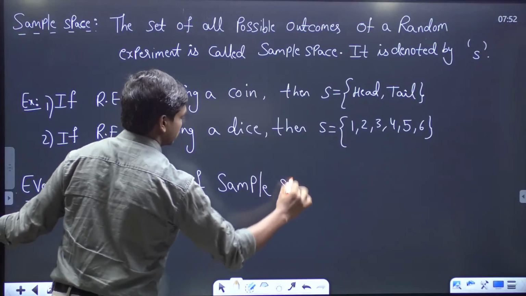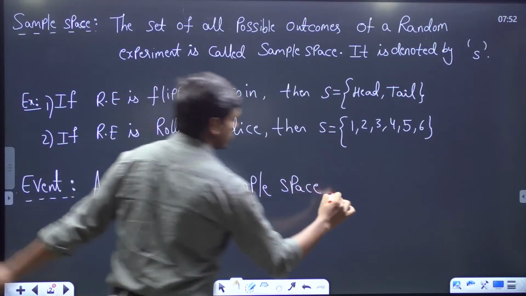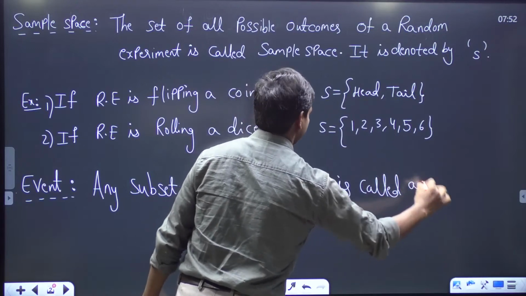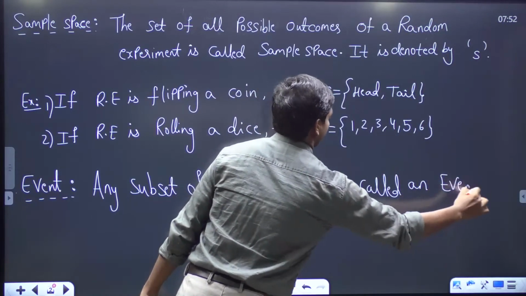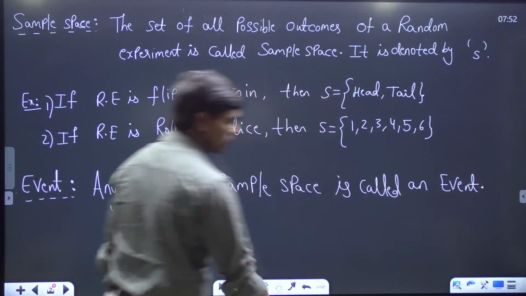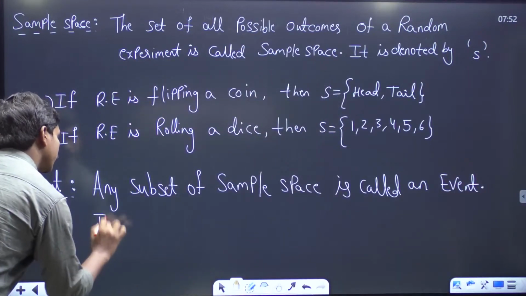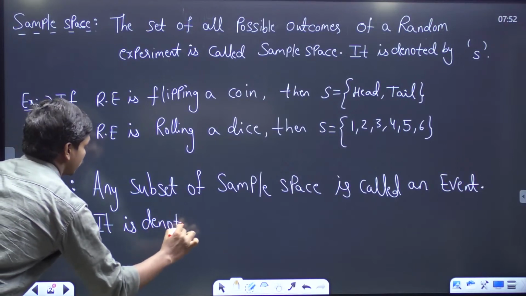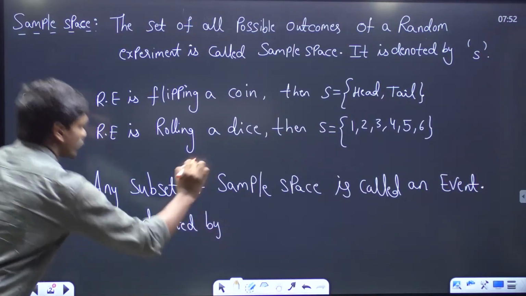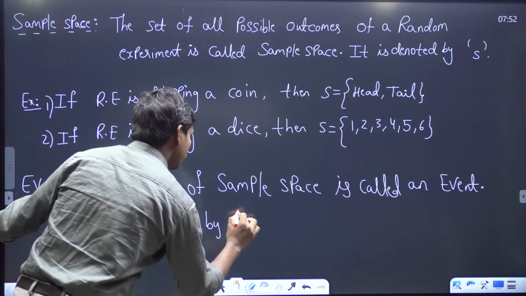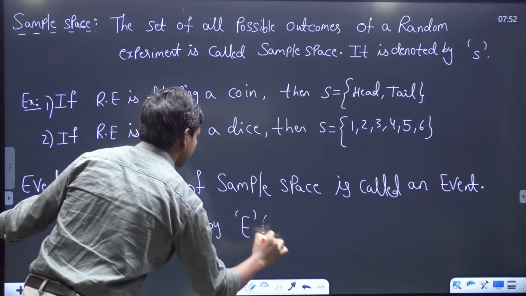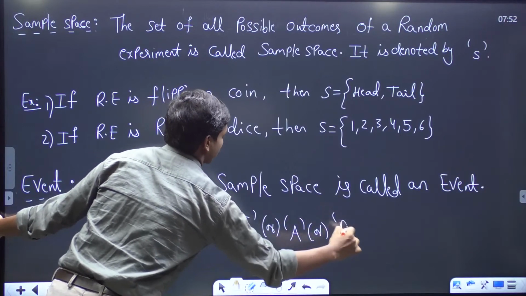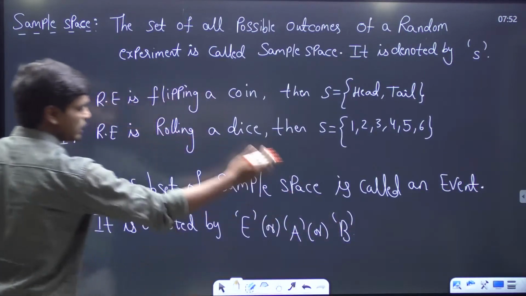Any subset of a sample space is called an event. It is denoted by E or A or B, whatever you want, some capital letters, E1, E2, whatever.